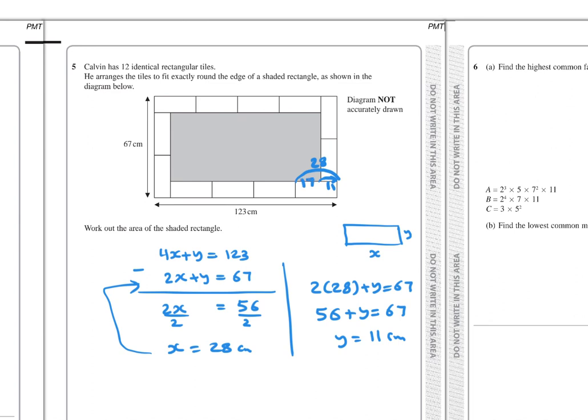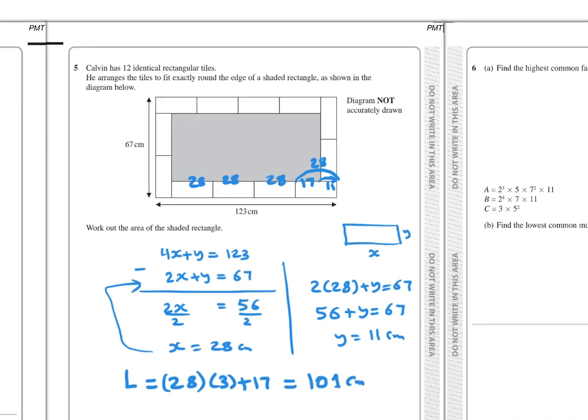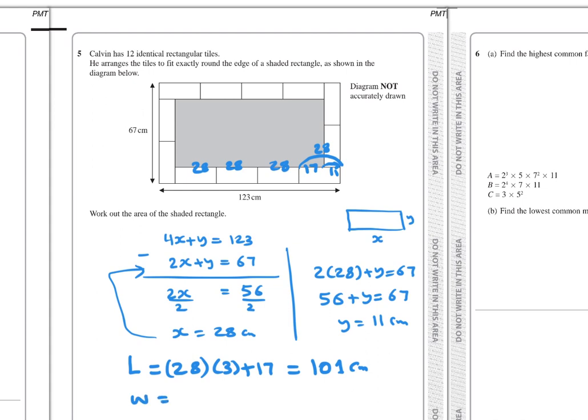So this part is 17, and we have x, 28. So 28 plus 28 plus 28 plus 17. So the length of the shaded rectangle, 28 times 3 plus 17, equals 101 centimeters.